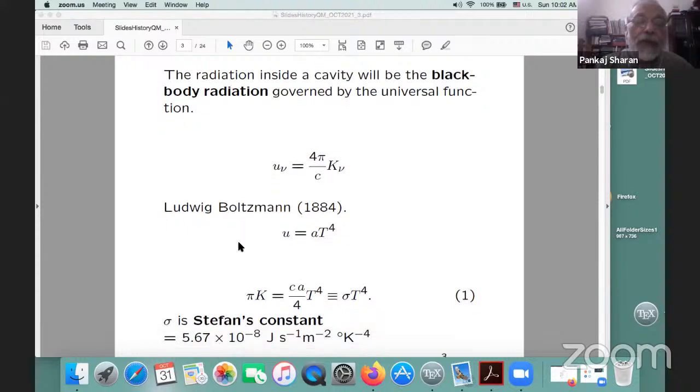Then Boltzmann proved that, including all wavelengths, if the energy density is taken, then that goes as the fourth power of the absolute temperature with which this radiation is being emitted or is in thermal equilibrium with.